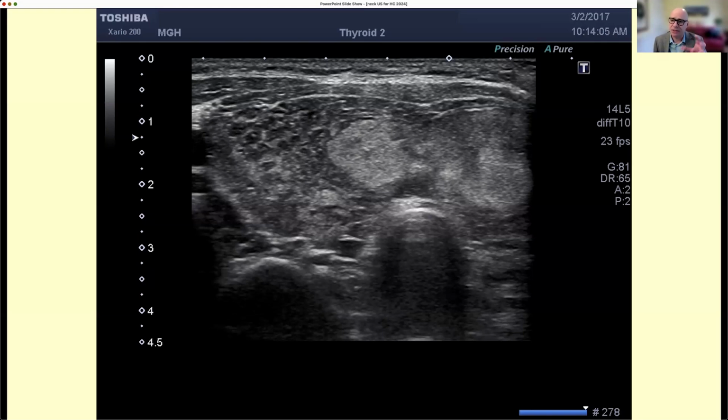And I want to contrast these two different ways to look at the nodules that are somewhat discrepant at times in the reading. I have to tell you that the American Thyroid Association pattern recognition is probably not going to survive because most of the ultrasounds are read by radiologists.